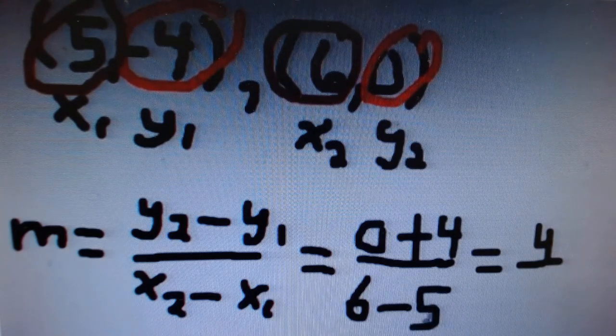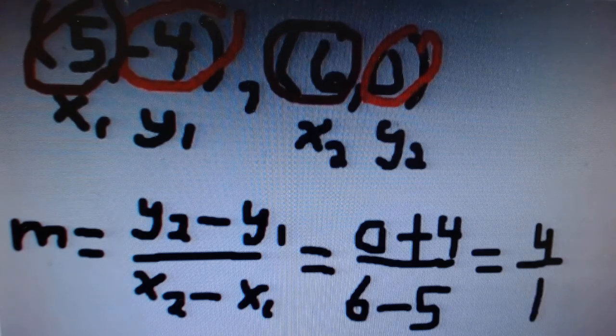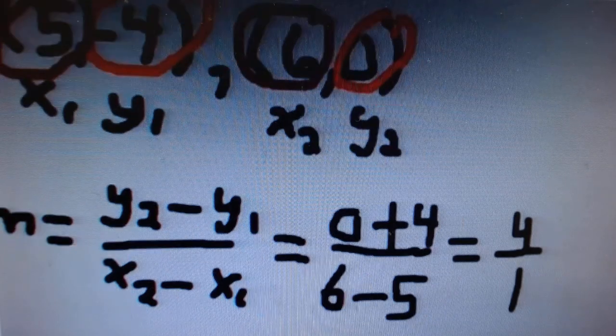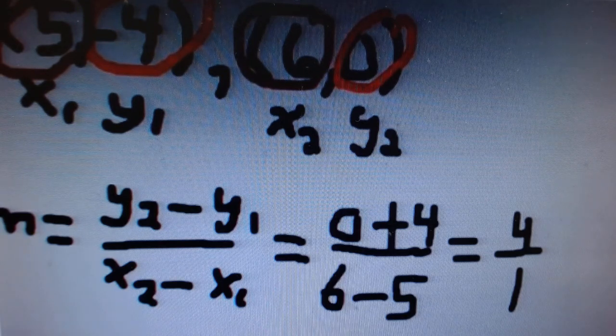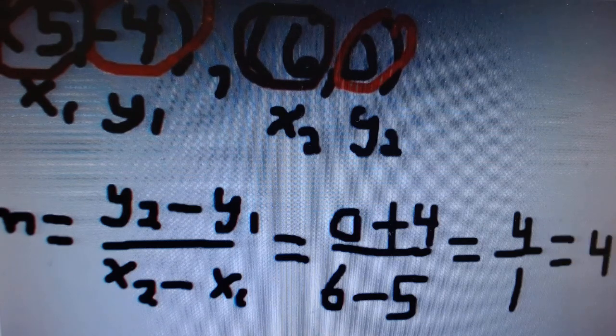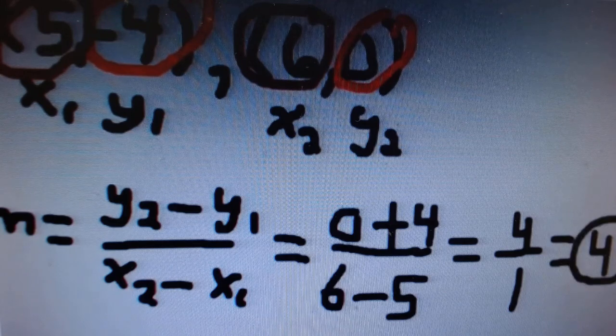So now in the denominator, I have 6 minus 5. 6 minus 5 is 1. Now I have 4 over 1. I'll simplify it, because if I take 4 and divide it by 1, or any whole number over 1, I will simply get the number itself. Therefore, my slope is 4.